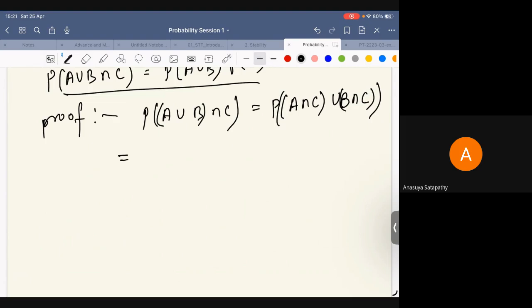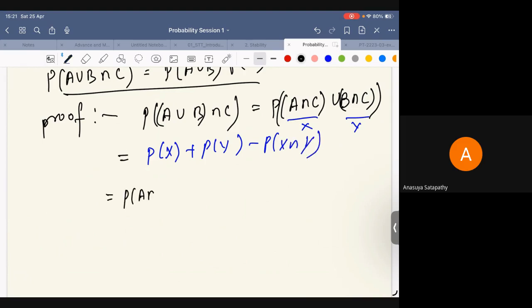Apply the union formula. Let's say this is X, this is Y. So probability of X plus probability of Y minus probability of X intersection Y. The same thing applies here: probability of A intersection C plus probability of B intersection C minus probability of A intersection C intersection B intersection C, which will be A intersection B intersection C, right?